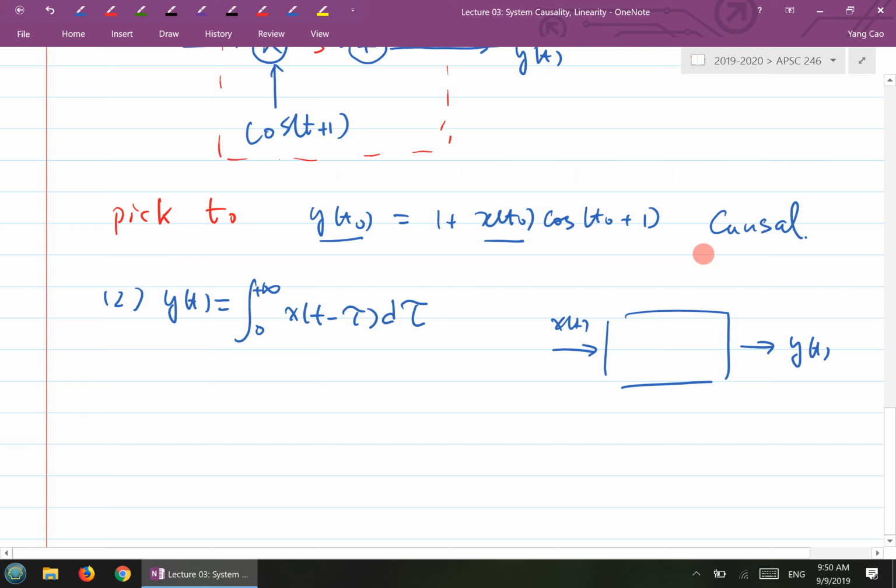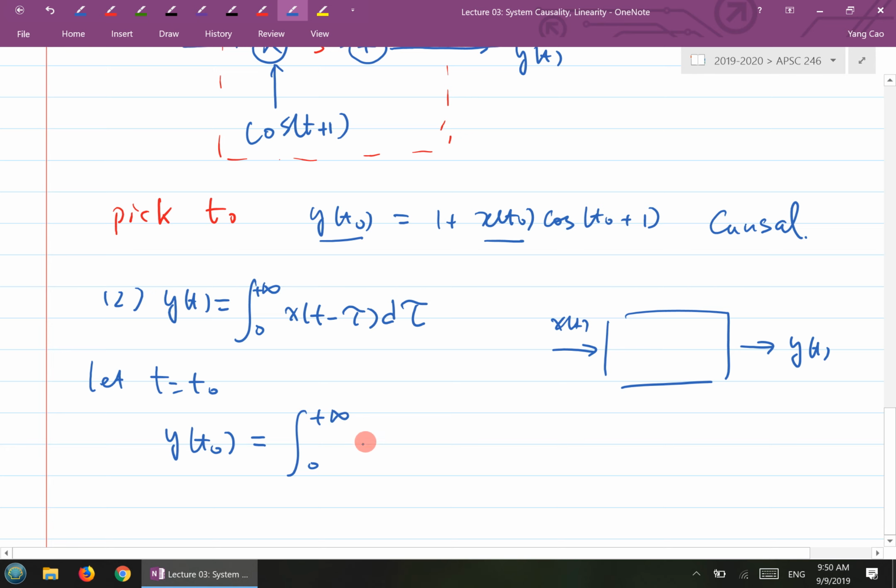If I do the procedures I did, let's say I let t equal t naught, an arbitrary time. Then we ask ourselves, at this current time t naught, what is the system output?